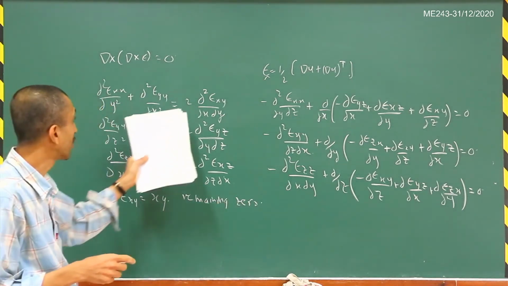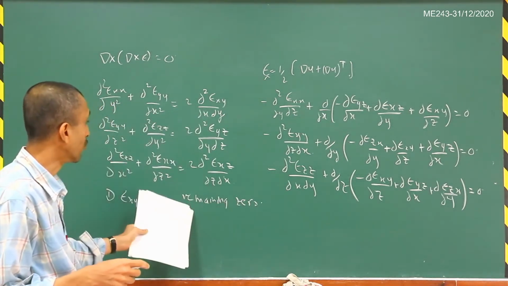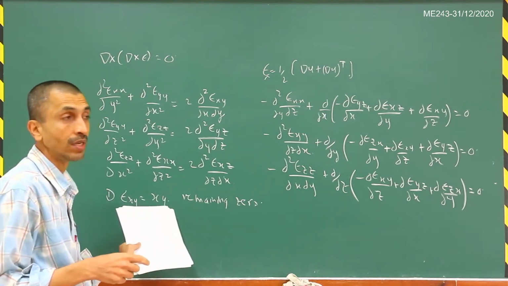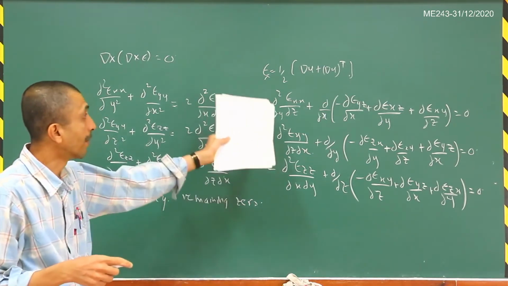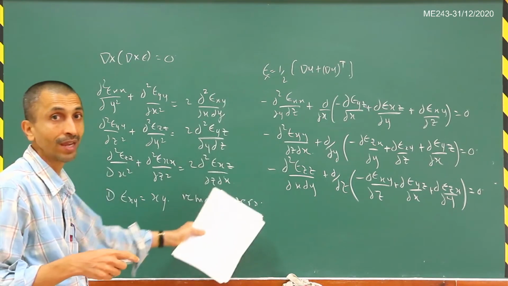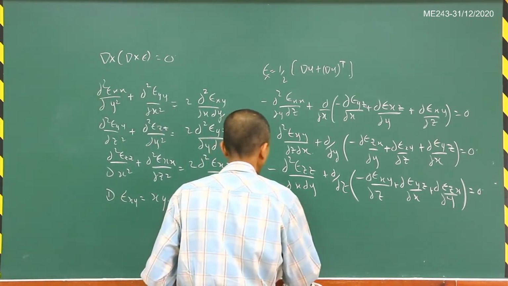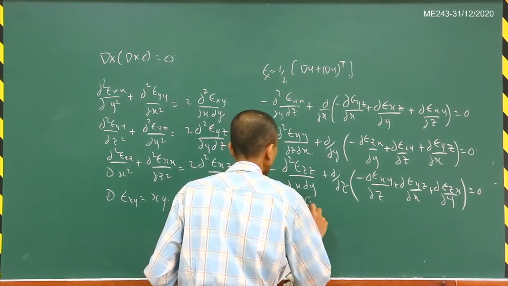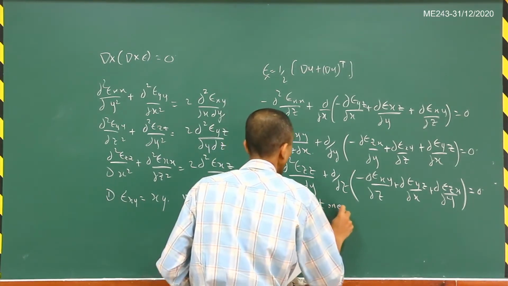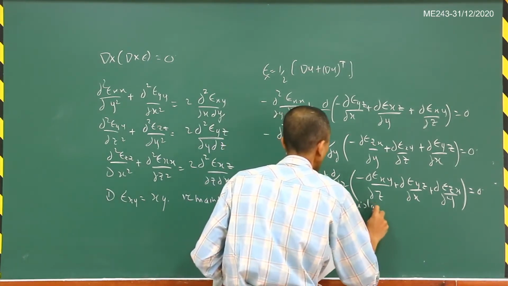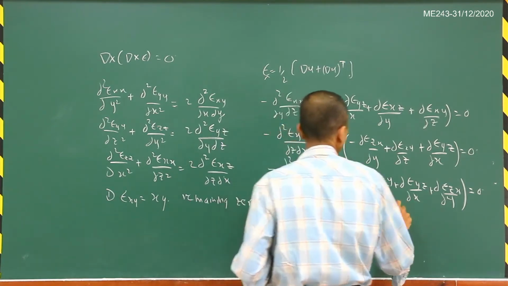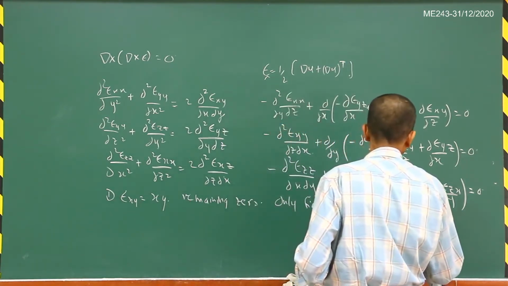So only the first one is violated if you take this as a strain field. But all the remaining compatibility relations you can easily verify are satisfied. Others are satisfied.